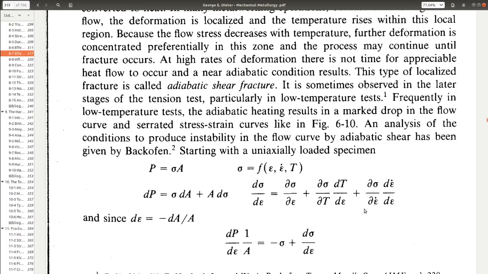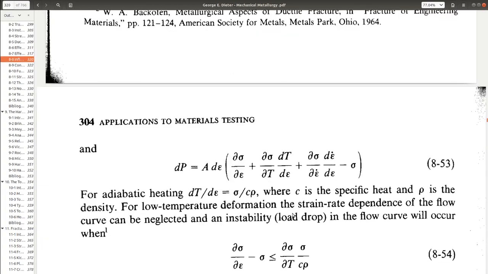Okay, so now from this relation I'll be able to write this one, which is equal to minus sigma plus d sigma by d epsilon, and in the place of d sigma by d epsilon I could put this one. So finally for dP, what I get is this relation.